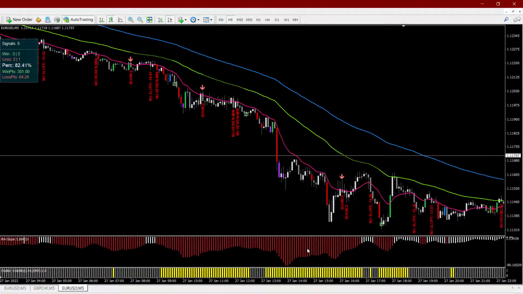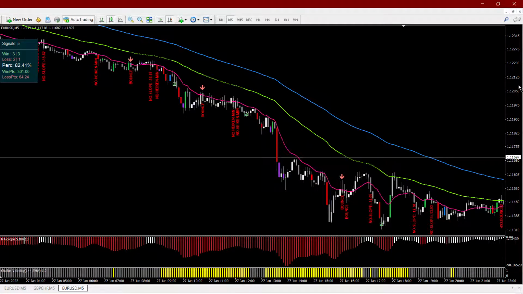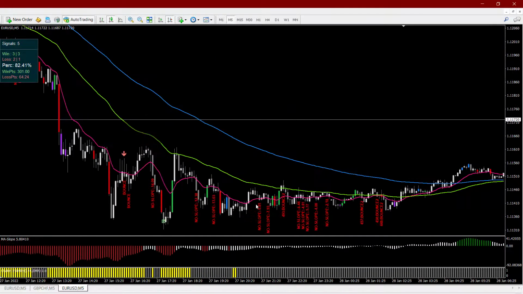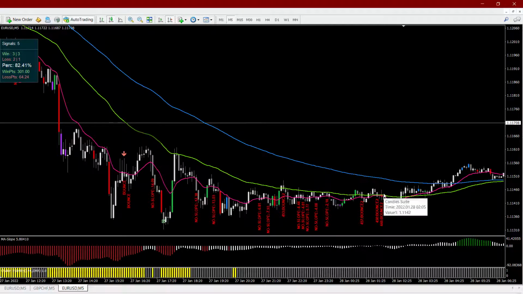Now the angle can never be exact because we are comparing these points with time, and if two things are in different units, then you can never get the exact angle of something. But this is for reference only, so that we can compare these angles with when the MA becomes a little straighter.